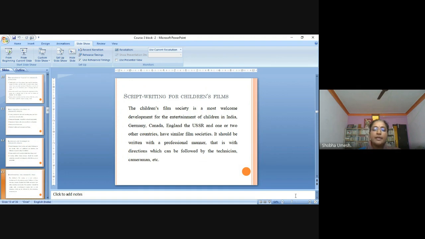They should be written in a professional manner, with directness, which can be followed by the technician, cameraman, etc. When they write the script for the movie, it has to be placed in front of the CFS, that is the Children's Film Society, and once it is approved, it can be produced. So some countries are producing films for children.